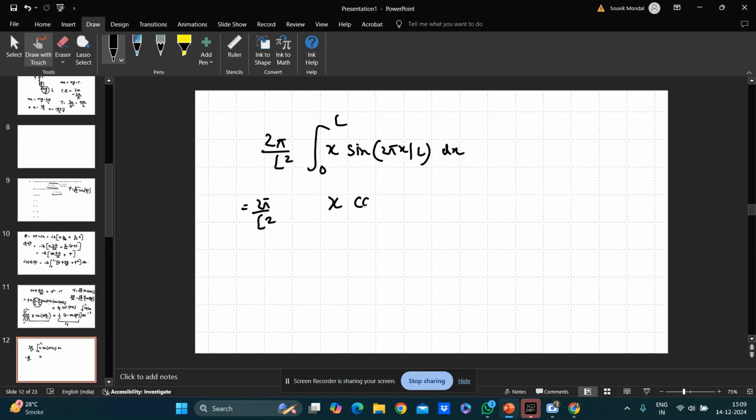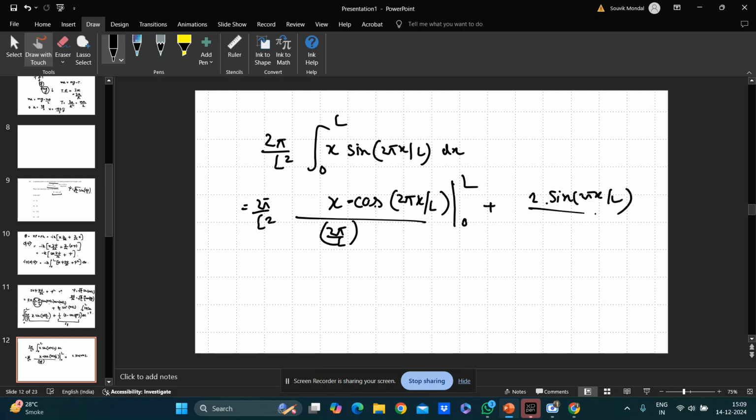X times the integration of sine, which is minus cos 2 pi x by L divided by 2 pi by L. Don't forget this division by 2 pi by L because of the coefficient of x. 0 to L, minus the derivative of x, which is 1, times the integration of minus cos, that is minus sine, so sine 2 pi x by L by 2 pi by L whole square, also from 0 to L.